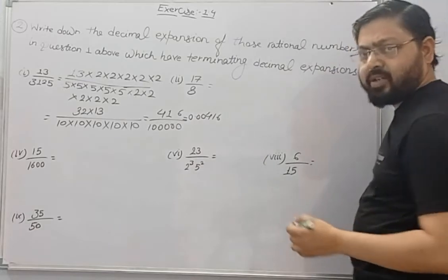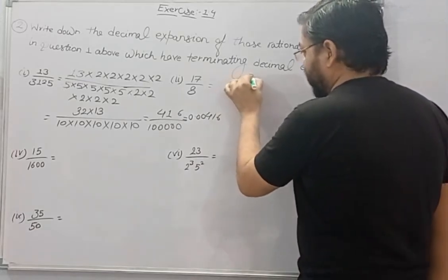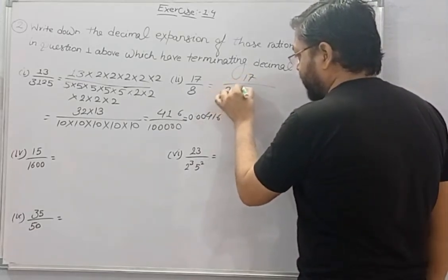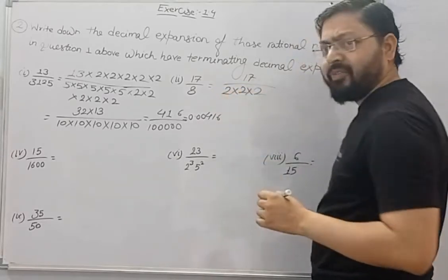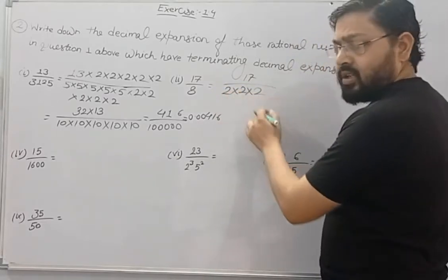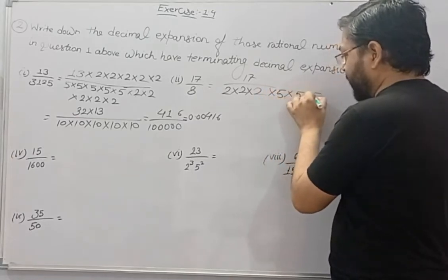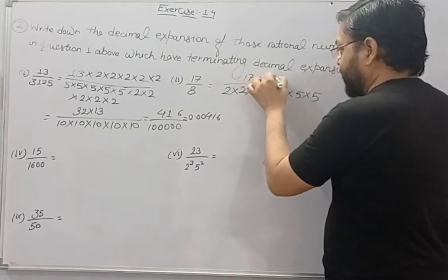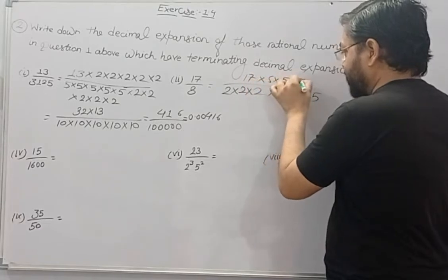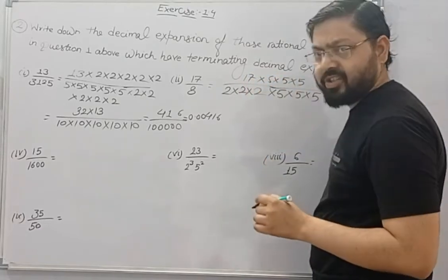Now come to the second part. Write down again in the same way. Here factorize the 8 into prime factors. You will get 2 cubed here. Now multiply with 5 to make 10 in the denominator. In the same way, multiply 5 in the numerator also, so that it becomes an equivalent fraction.